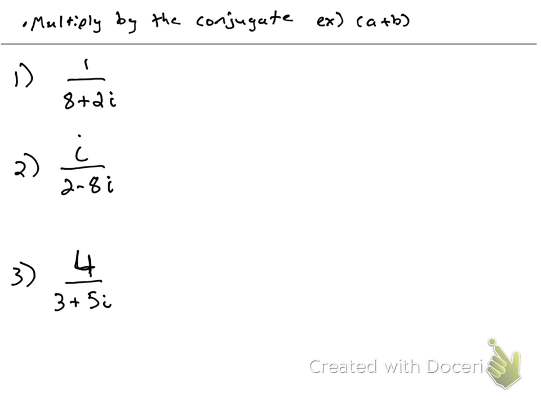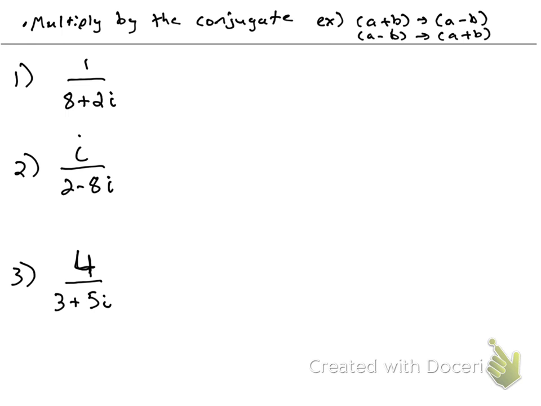So if we have a plus b, we would multiply by a minus b. If we had a minus b, we would multiply by a plus b, okay? The conjugate is the same two terms, opposite sign in the middle.